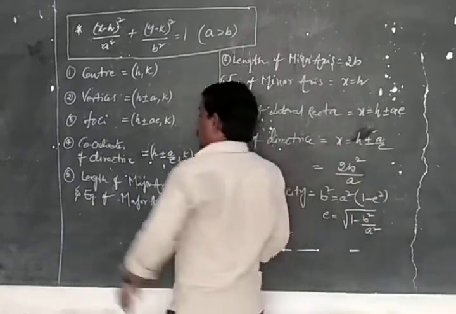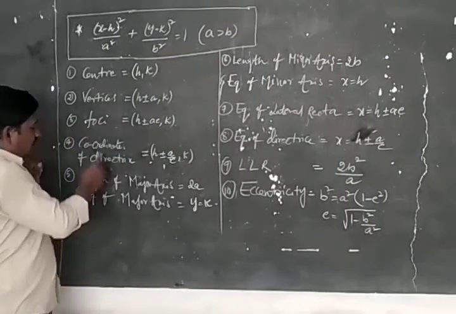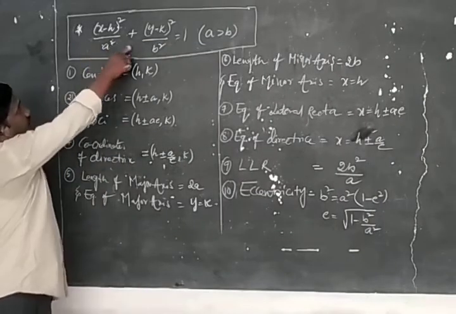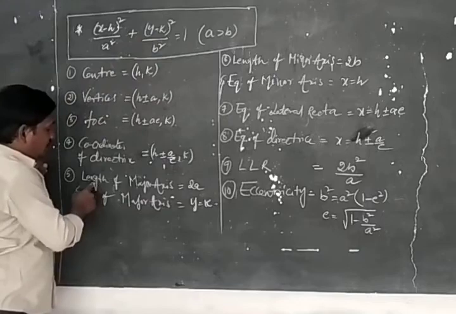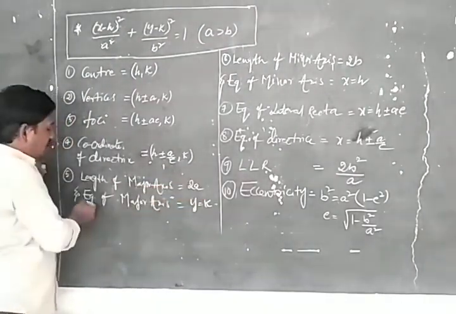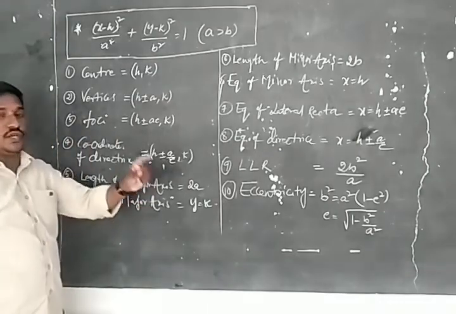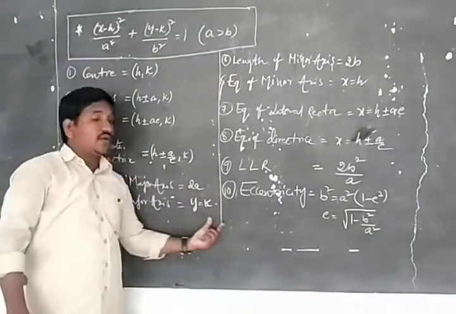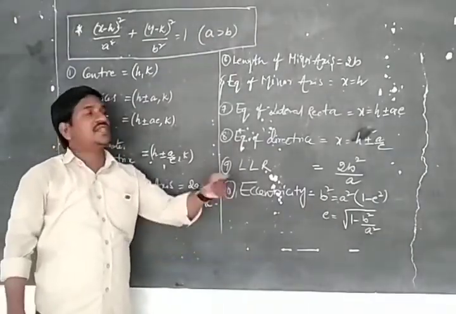Why? Because actually for x square by a square plus y square by b square equal to 1, length of major axis is 2a, so same 2a. Equation of major axis y equal to 0, so we have to write y equal to k. Why? Because the origin shifted to h comma k.